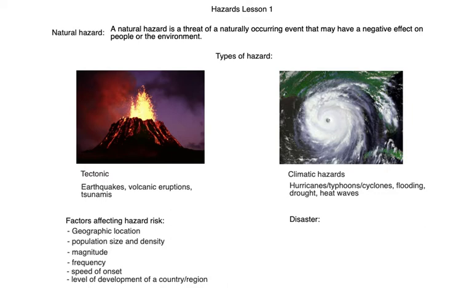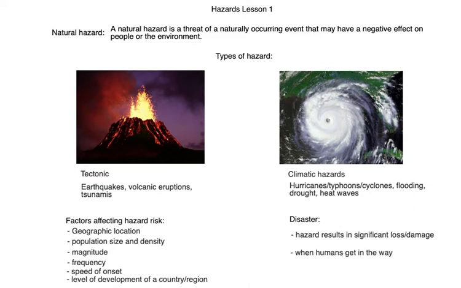In other words, humans have to get in the way for it to become a disaster. So, we can say a disaster is when a hazard results in significant loss or damage. Humans get in the way.